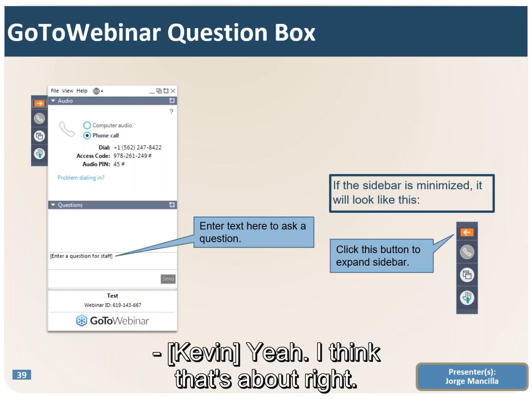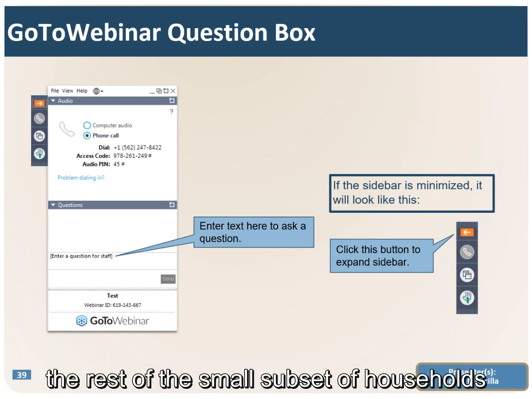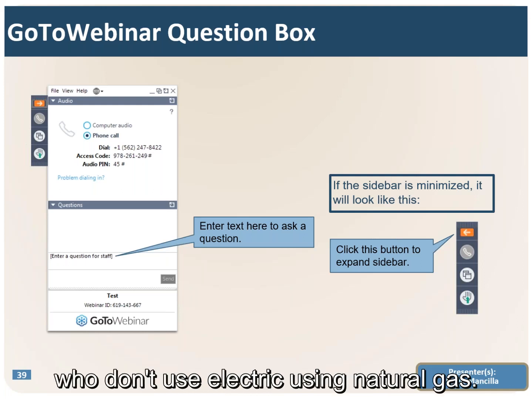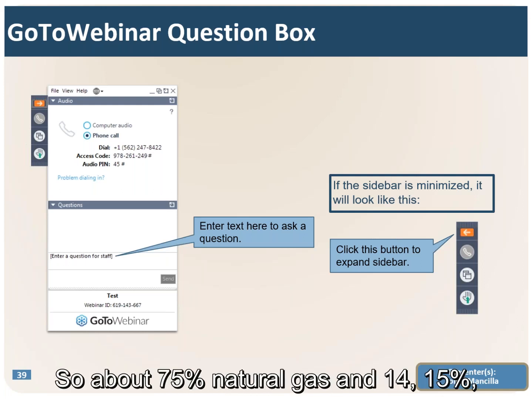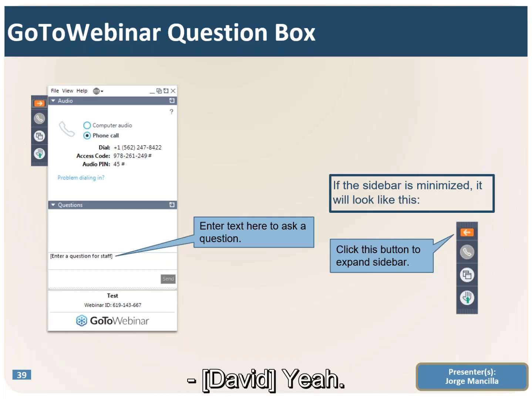Yeah, I think that's about right. It is very predominantly electric, with the rest of the small subset of households who don't use electric using natural gas. So 75% electric and 14 to 15% natural gas.